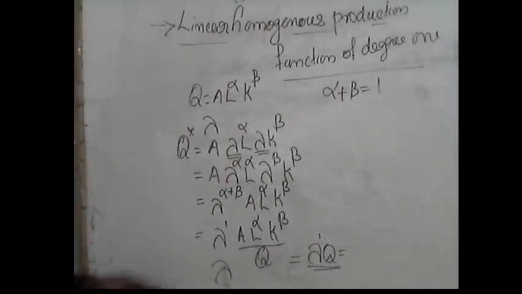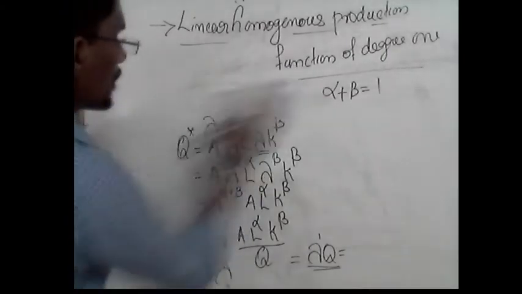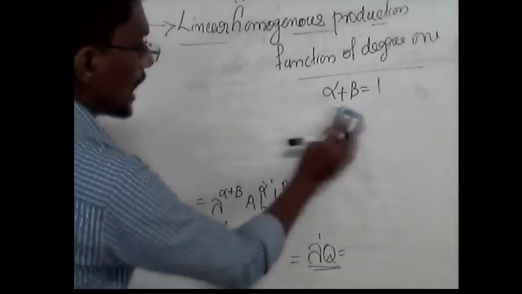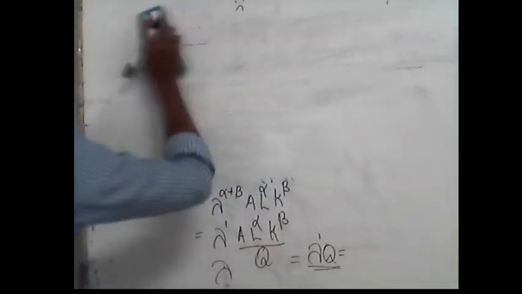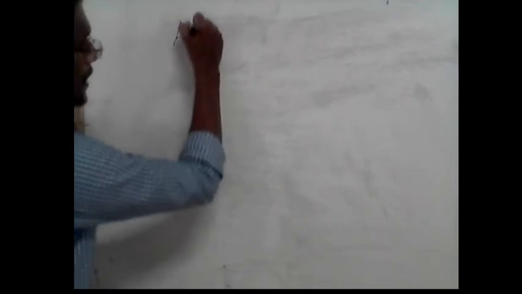And the second property is that the average product of the factors of production can be obtained in the form of a ratio, the ratio of output to the respective factor inputs. The average product of each of these factors of production can be obtained by a ratio with the respective factor of production.